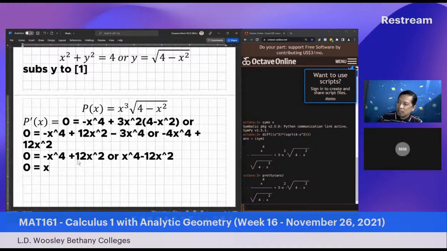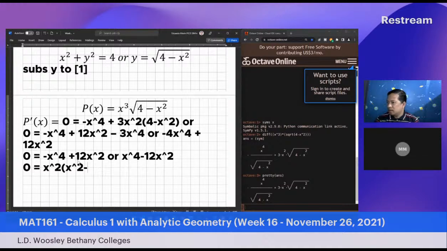Factor out natin, x squared. Anong lalabas? Anong maiiwan? X squared minus 12. Tama? X squared minus 12. X squared.